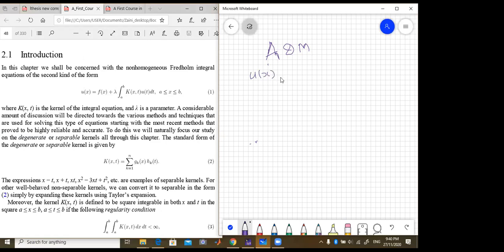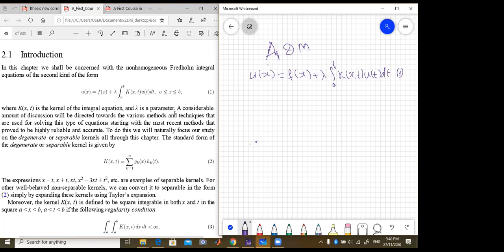It is better to follow the same parameters, so as not to confuse. u of x equals f of x plus lambda integral from a to b, k of x,t, u of t dt. So this is equation 1. And this is called the Fredholm integral equation of the second kind.